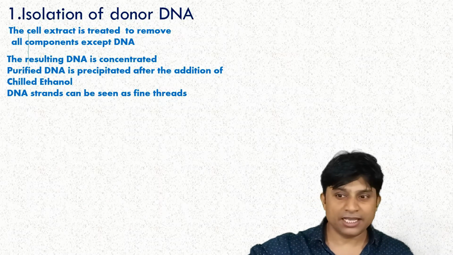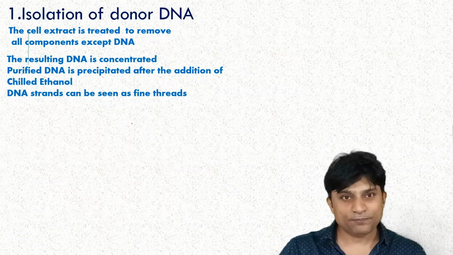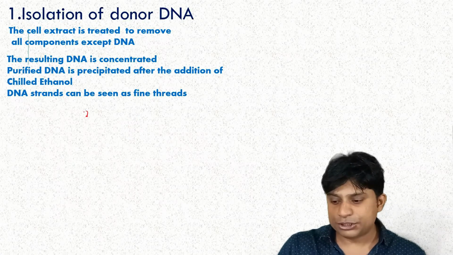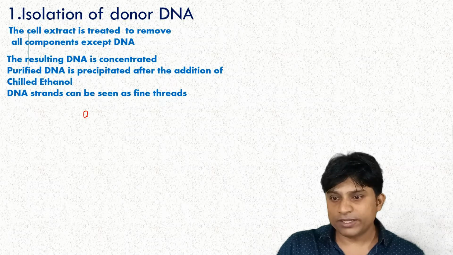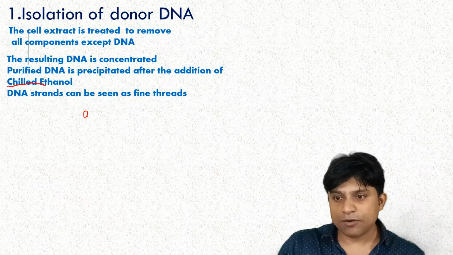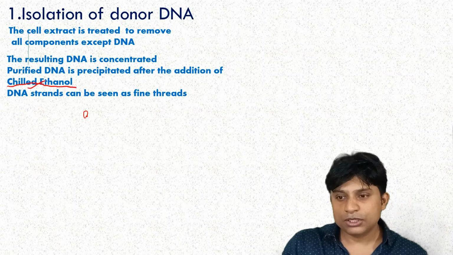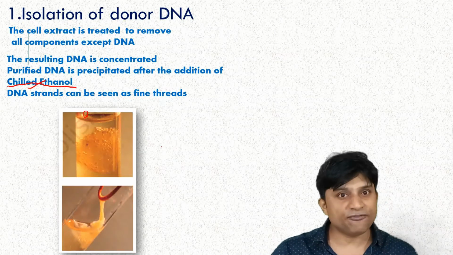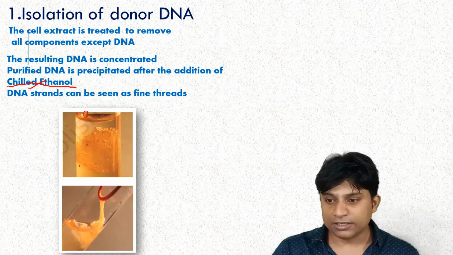So how do we extract our DNA? This DNA can be separated by treating it with chilled ethanol. Addition of chilled ethanol to the sample results in separation of our DNA fragments. So finally we get all the DNA fragments.